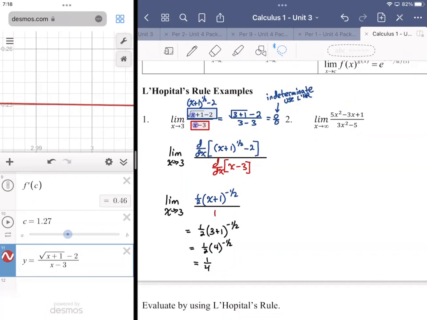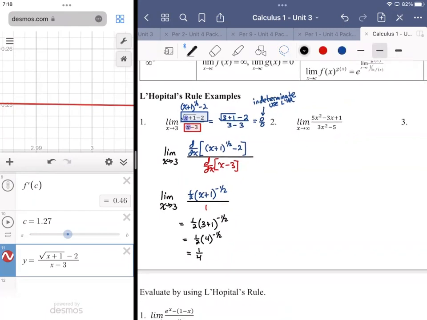However, if we just did direct substitution, that would give us 5 times infinity squared minus 3 times infinity plus 1 over 3 times infinity squared minus 5.